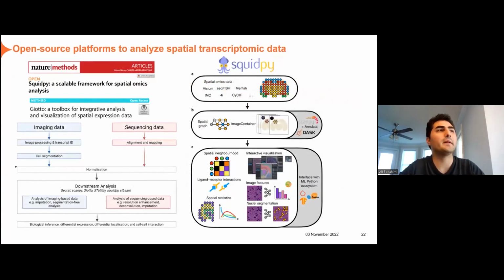There are a few open source software available out there that can be used to analyze spatial transcriptomics.